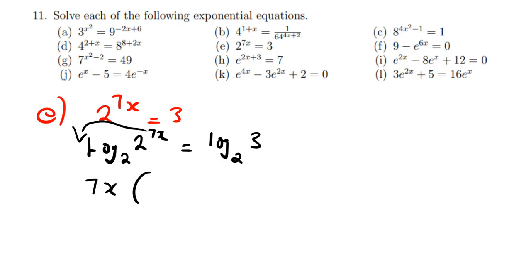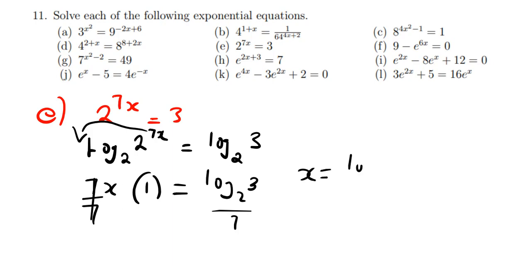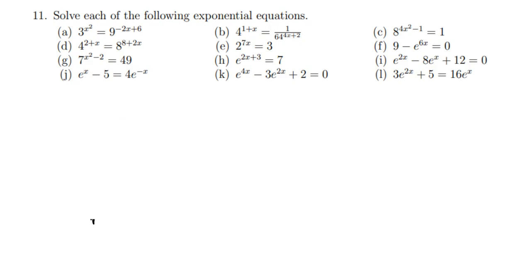This expression gives us a 1, according to what we've been solving. I've got log of 3 in base 2. For me to remain with x, I'm going to divide by 7 on both sides. Therefore our x will just be equal to log of 3 base 2 over 7. So that's how you're going to solve this one.